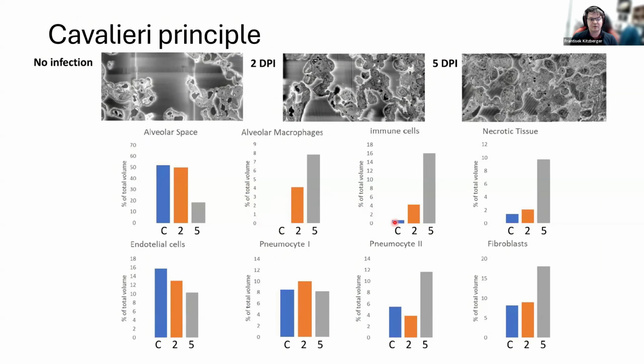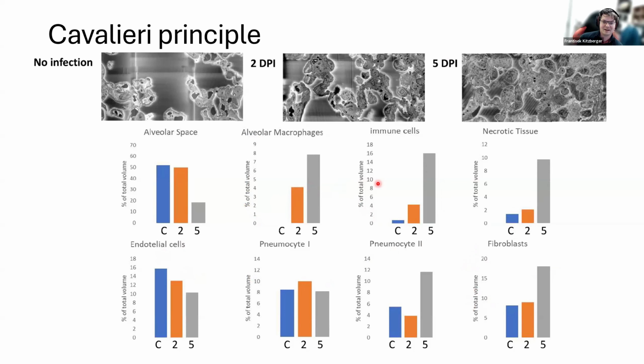Also, the overall volume of the immune cells increases in the necrotic tissue, in fibroblasts. And for example, the endothelial cells volume is decreasing with the advance of the infection. So this is a really nice and fast way to extract a lot of quantitative data. You cannot do any modeling out of this, you cannot render it out, but the tables are usually for scientists more important than the nice renders.